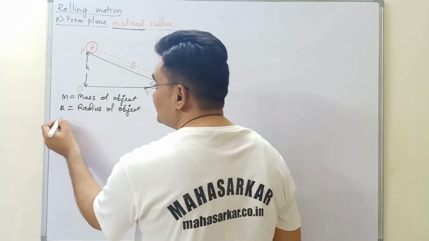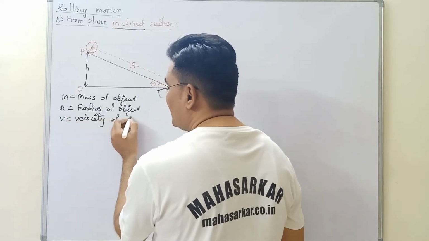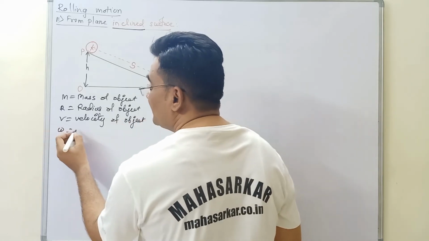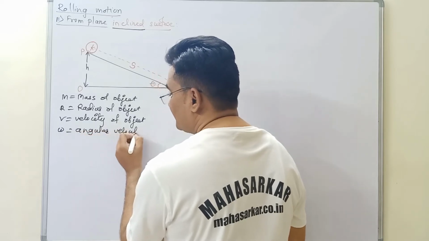While moving, say v is the velocity of the object and omega is the angular velocity of the object.